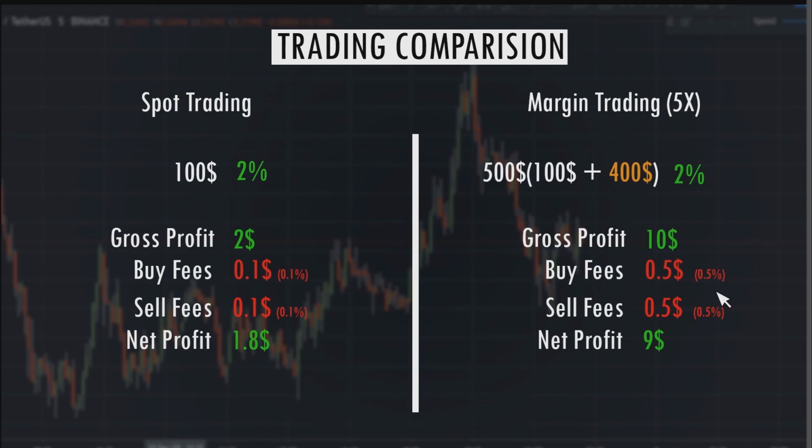So you have to be absolutely sure that your strategy makes more than 1%, otherwise you will end up in losses. I don't see many people emphasizing this point. So this is why I suggest you be very, very cautious when you deal with margin trading. Yes, the returns are high, but the risk is also high, so you have to trade carefully.